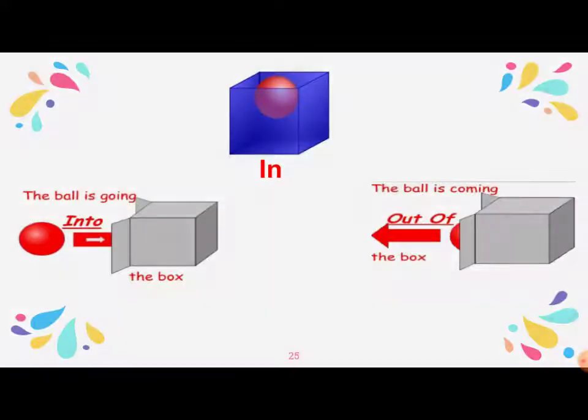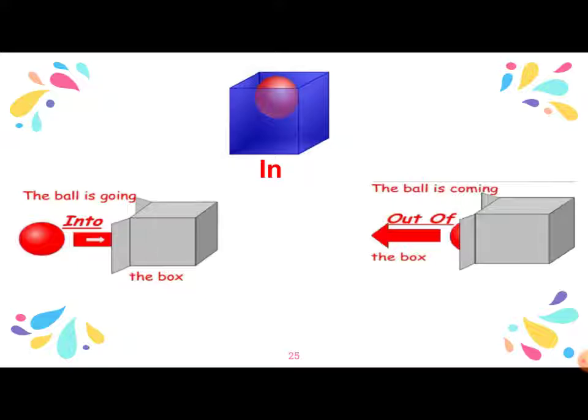Let's move on. Look at this picture given. There are three prepositions here. In. In means an object is already inside something. But when we use into, it means the object is outside and it is going inside another object.